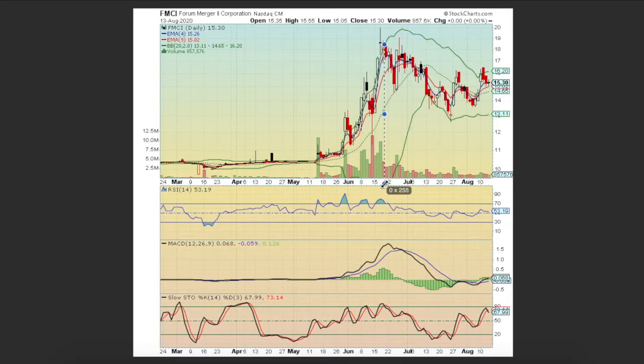So it's at the top of the Bollinger Band and it's getting pushed down. There's some resistance that the Bollinger Band is giving here, and the RSI is showing that this stock is very overbought, as you can see here.